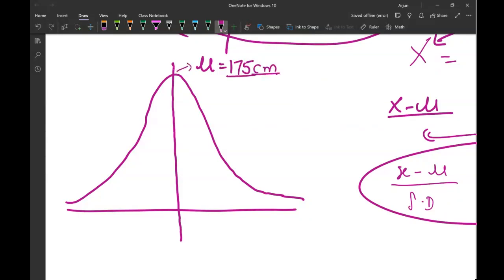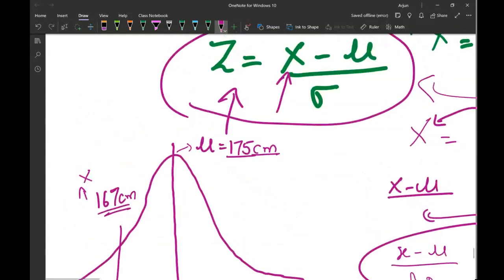So 175 will be here. What percentage of men will have height less than 167 centimeters? This will become the X value. Basically that's what the X value is, and that X value we put in here.